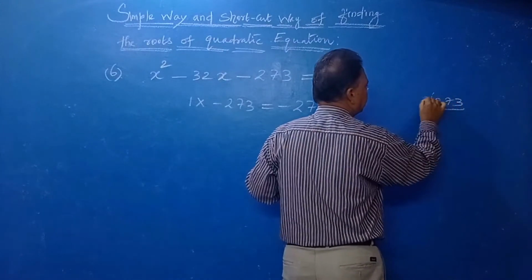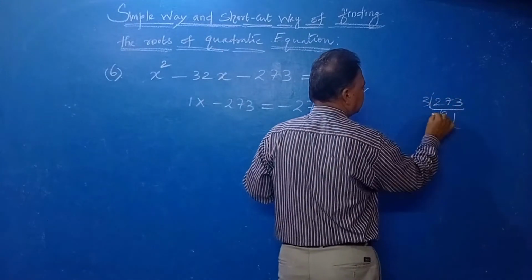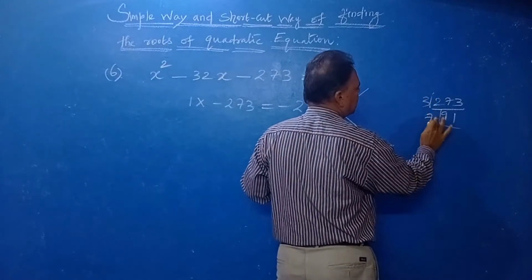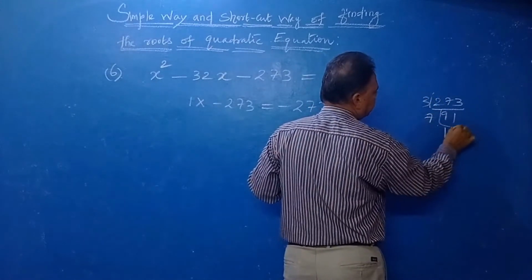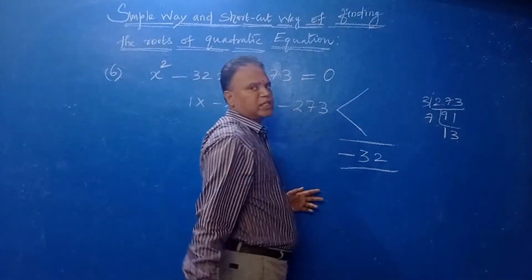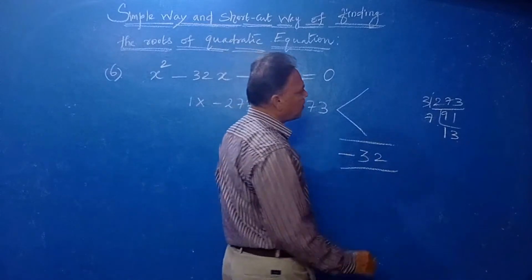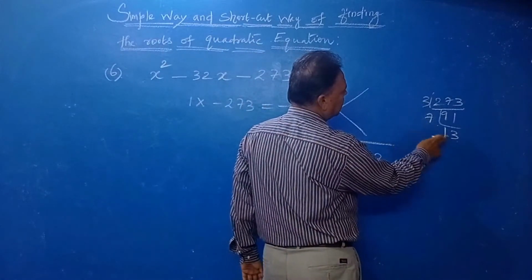Simply divide: 3 nines are 27, 1. Again 3 cannot divide, so 7 table: 1, 3. 13 is a prime number. Easily you divide. Understand? Now you see 21, 13.